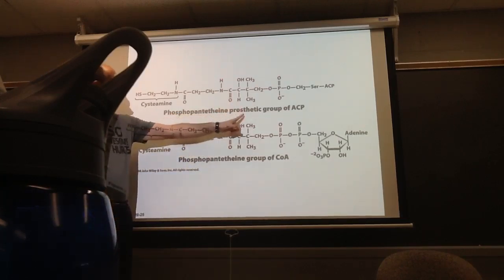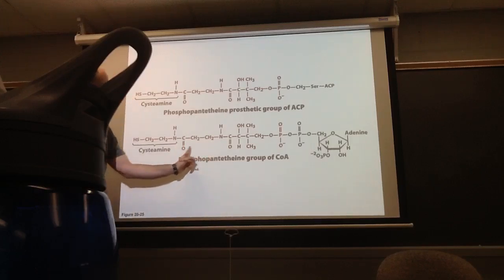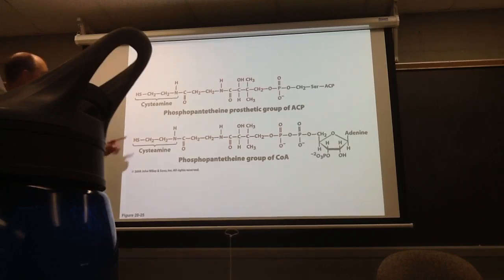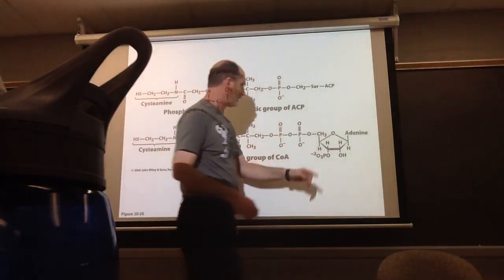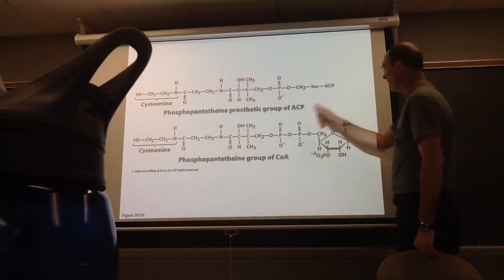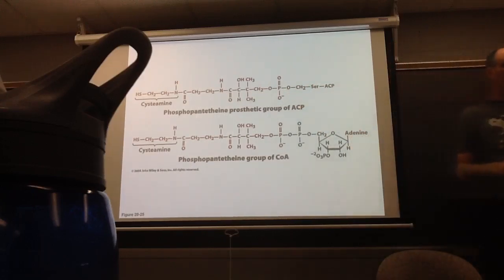So, the acyl carrier protein has a phosphopantothene group that looks like the phosphopantothene group of coenzyme A. The only difference is instead of being attached to an adenosine, it's attached to a serine of the acyl carrier protein.